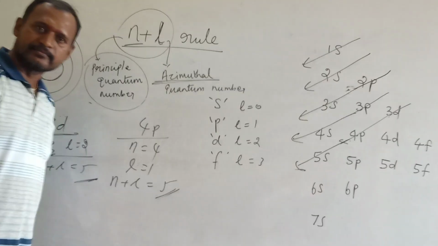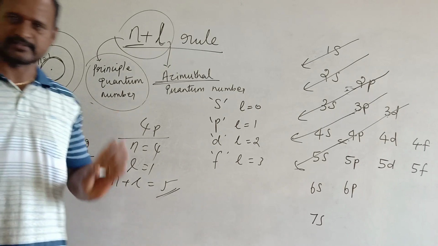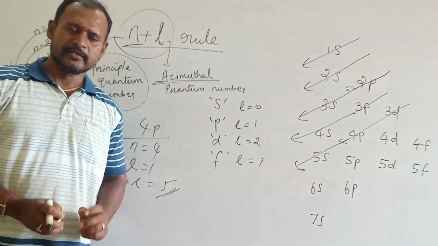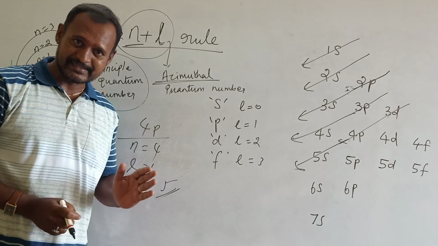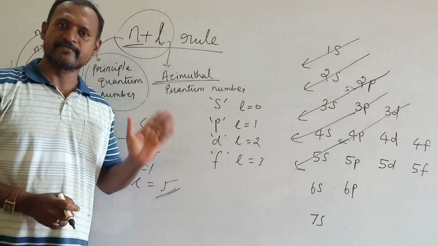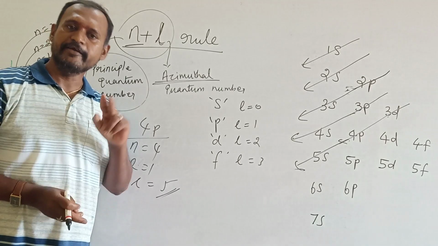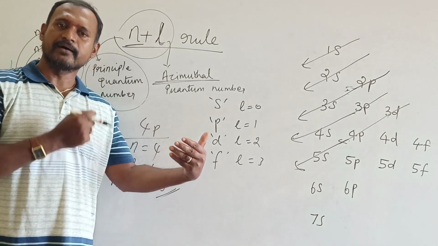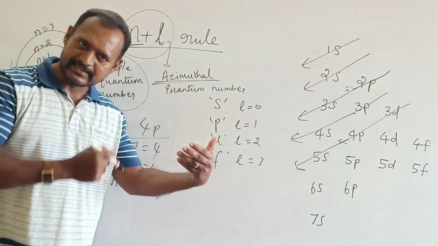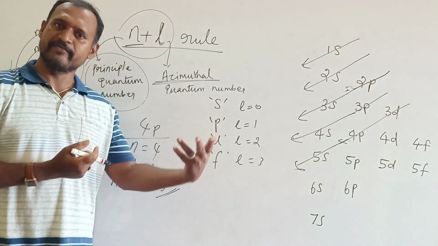Are you clear? So there are two very simple things. The orbital which is having less n plus l value is filled first. Okay. If two orbitals are having equal n plus l values, the orbital which has less n value will be filled first.